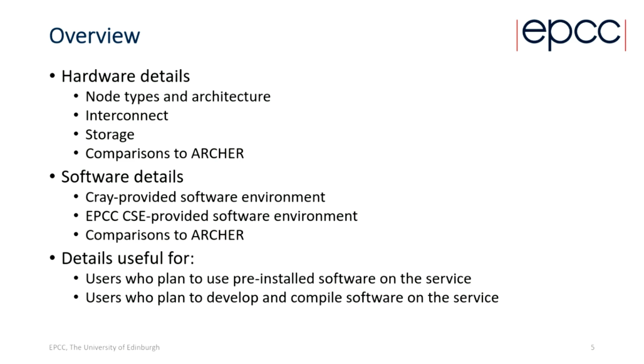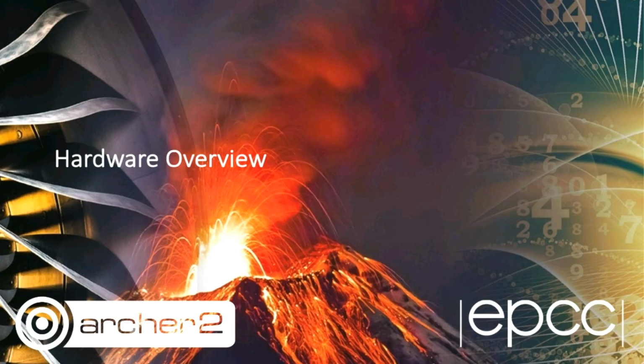So I've tried to strike a balance between providing information that's interesting and useful to both of those types of user. So without further ado, we'll move on to look at the hardware.